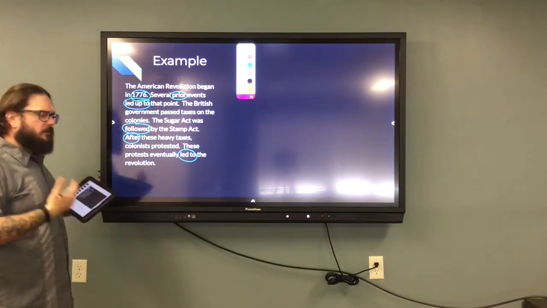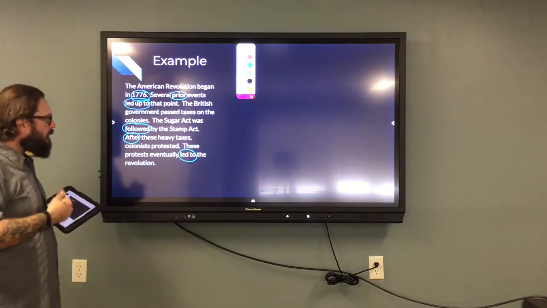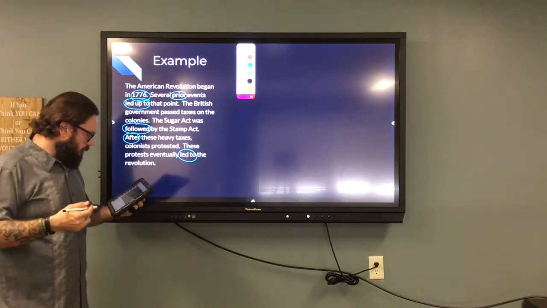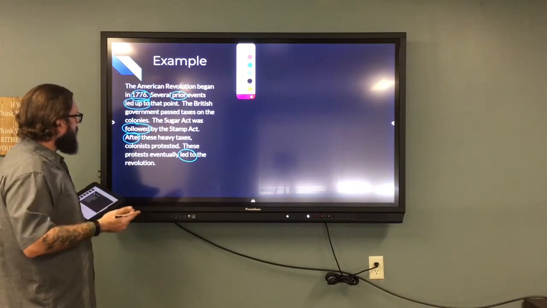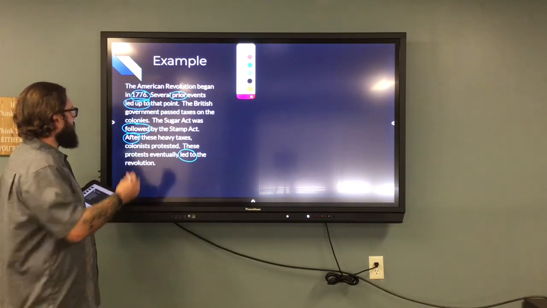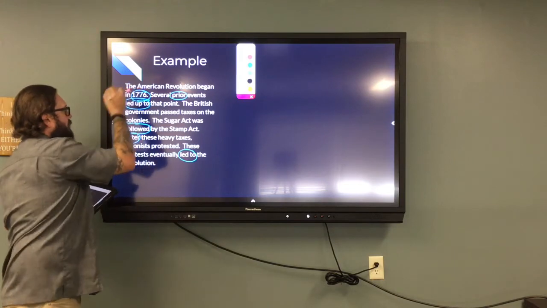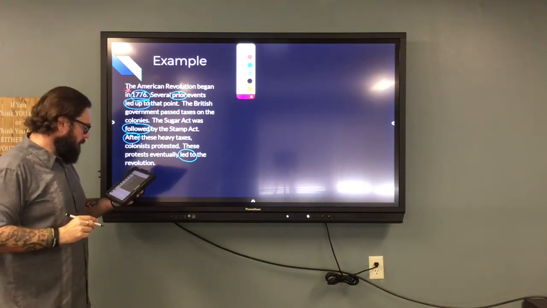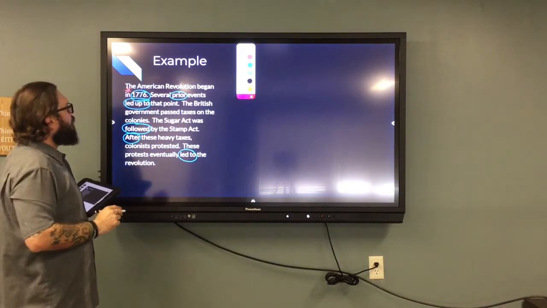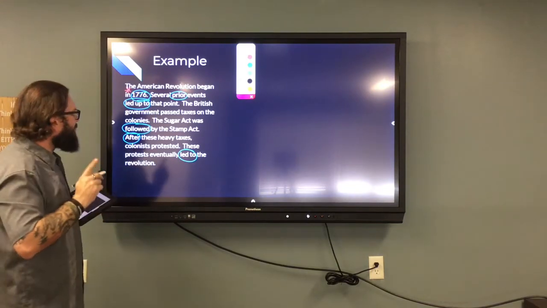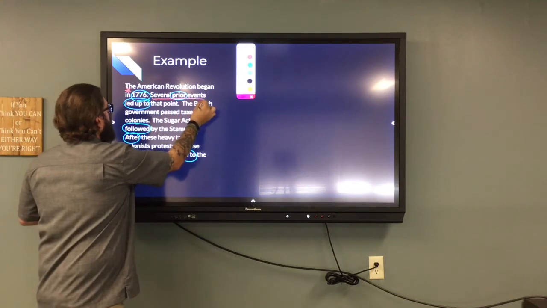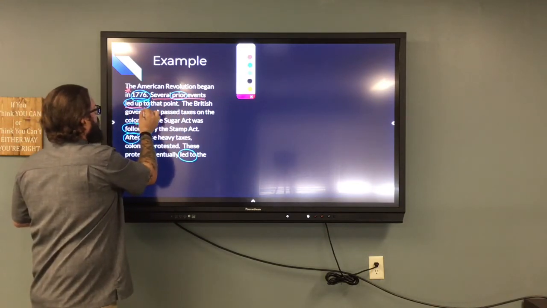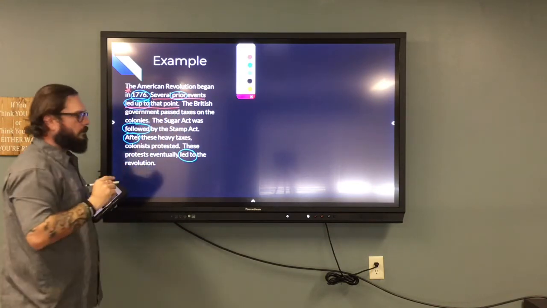Now, let's take the information presented and see if we can put these events in chronological order. So let's note, we begin with the date 1776. So we've already established that's important. What we need to pay attention to is the next sentence. Several prior events led up to that point.